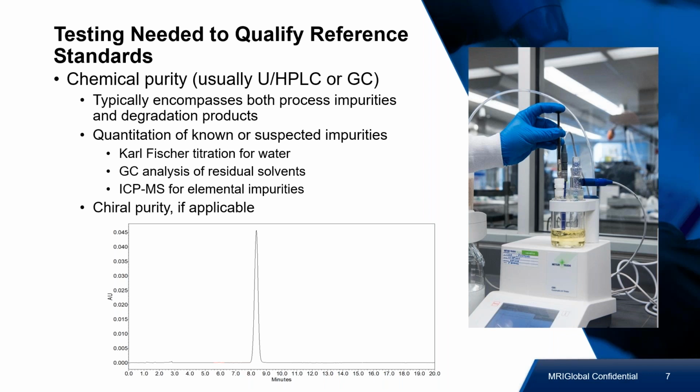In addition to that, it's also important to quantify known or suspected impurities. So a Karl-Fischer titration for water is very commonly done. GC analysis of residual solvents and ICP-MS for elemental impurities are also very commonly done. They're also guidance that's called out in ICH.